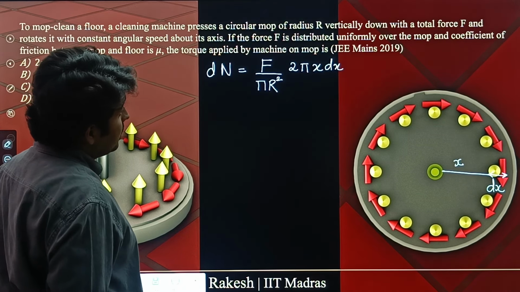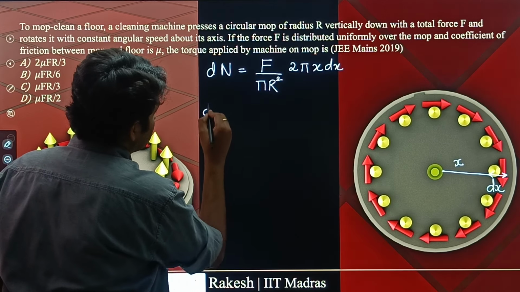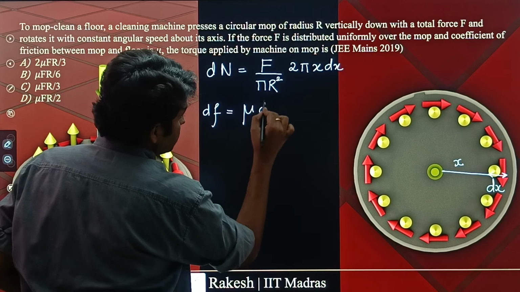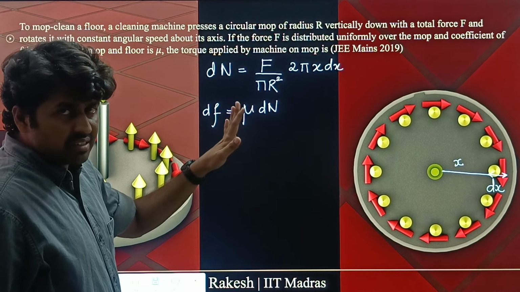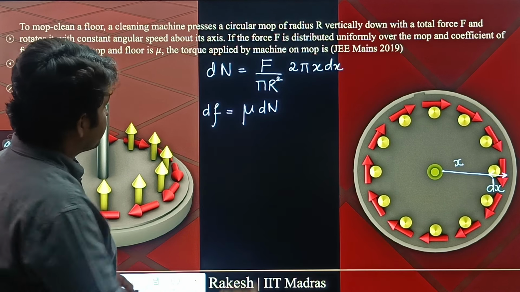Next, what is the friction force acting? The friction force dF equals mu times dN. Kinetic friction is acting, because there is relative motion between the mop and the ground.